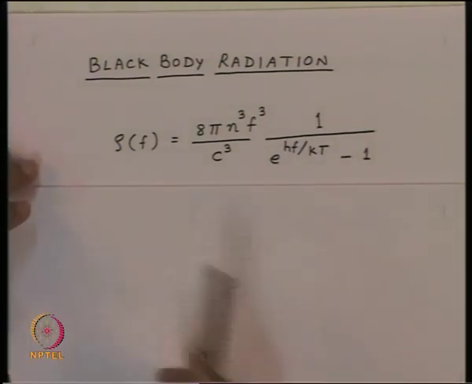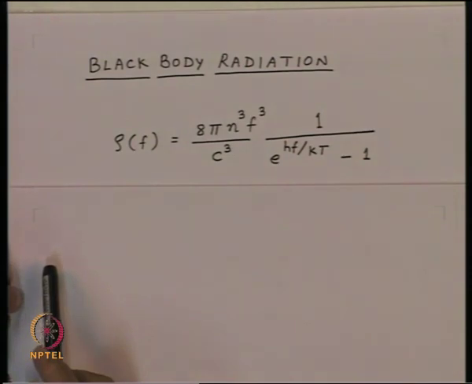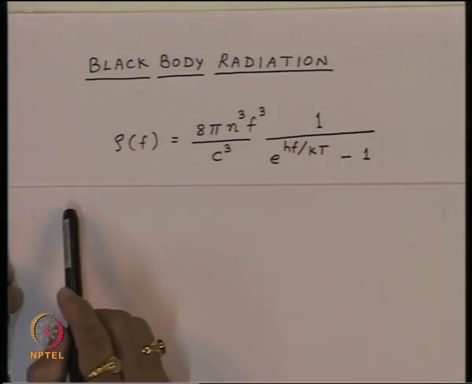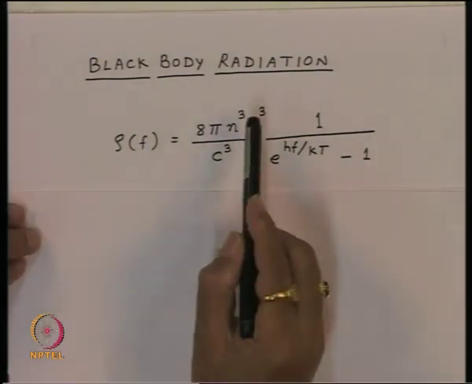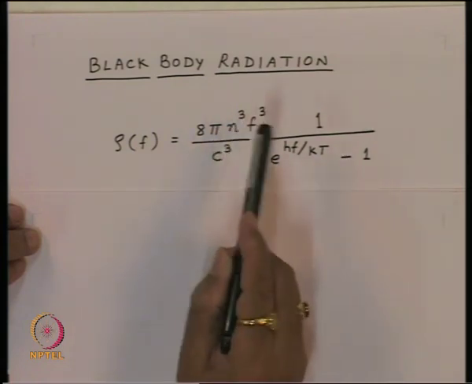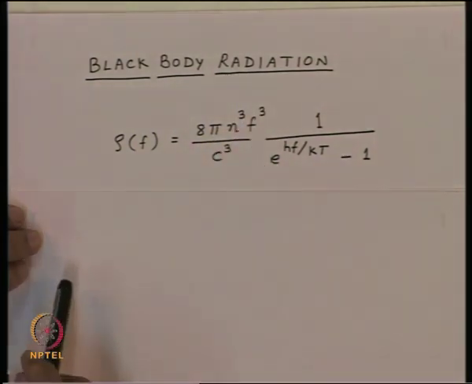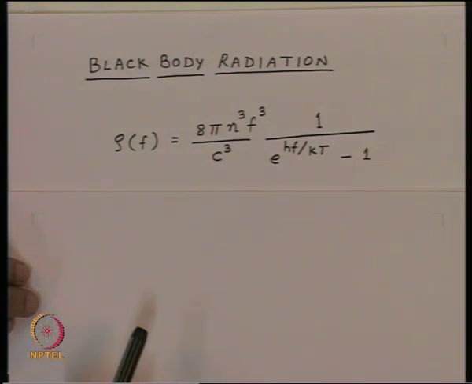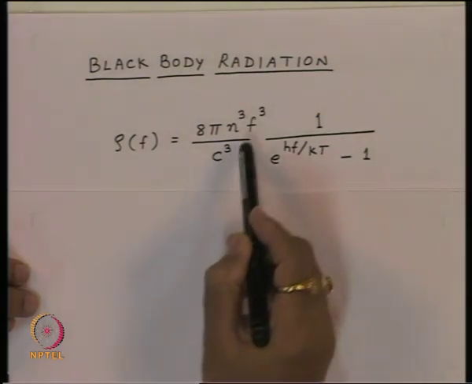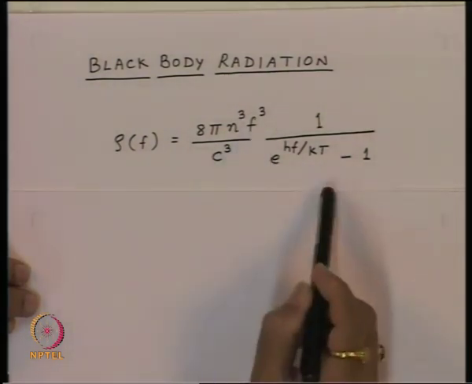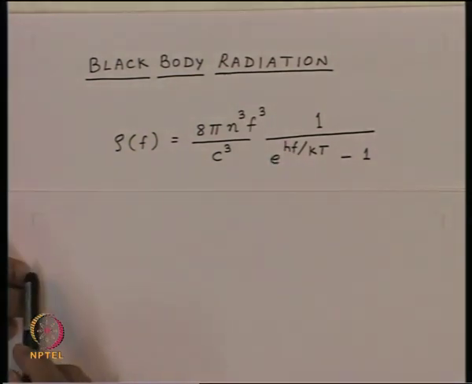So, this is your photon flux density as a function of frequency, that is related to this quantity n, which is the refractive index of the medium in which the radiation is coming. c is the velocity of light, f is the frequency of radiation, and here hf is the photon energy and kT is the thermal energy.